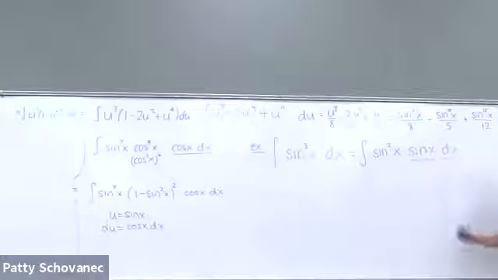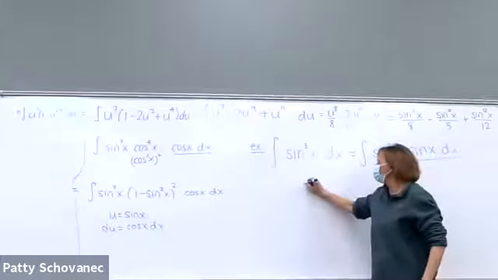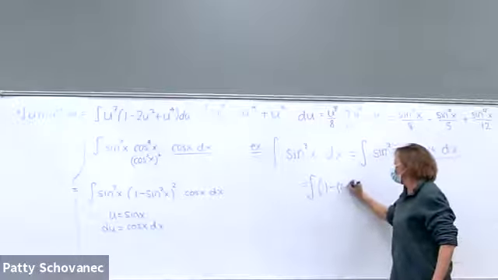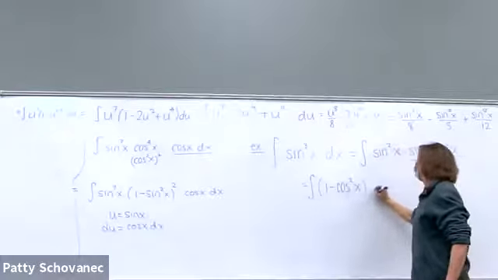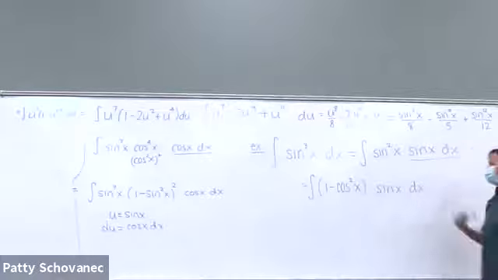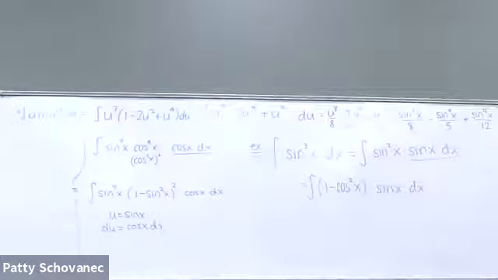To be the TU, you've got to get rid of the sine squared that's part of your integral. Sine squared is 1 minus cosine squared. Now you have it set up as a u du integral.